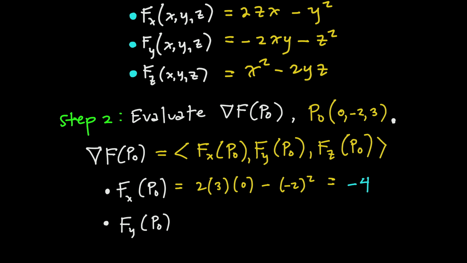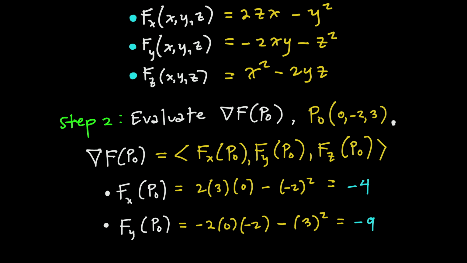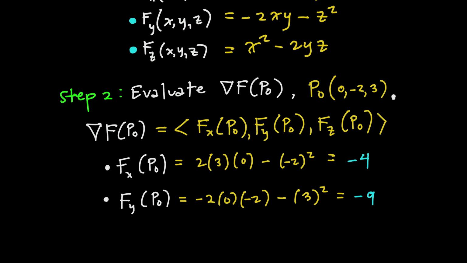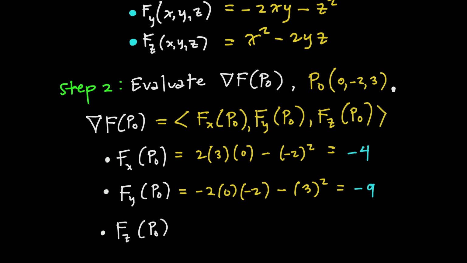For fy, similarly, this one reduces to 0, and you only consider the term negative z squared. Here z is 3, so this one is negative 3 squared, which gives you the value equal to negative 9. And finally, for f sub z evaluated at p sub 0, we have this one.